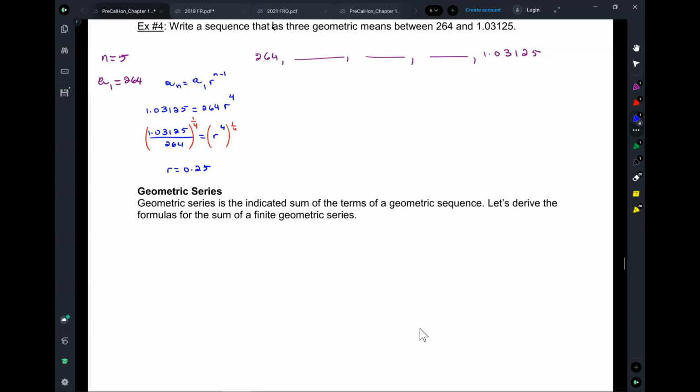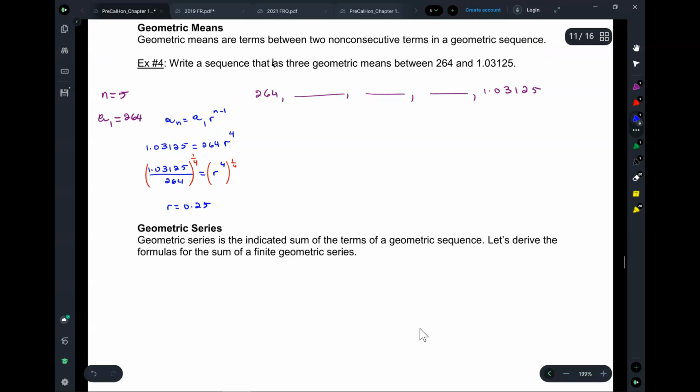I know, it's weird. So we multiply this by 0.25, and I get 66. Then divide by 4, 16.5. Divide by 4, 4.125. And if you divide that by 4, you get 1.03125. Yay!